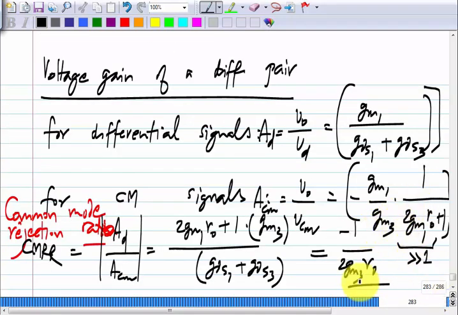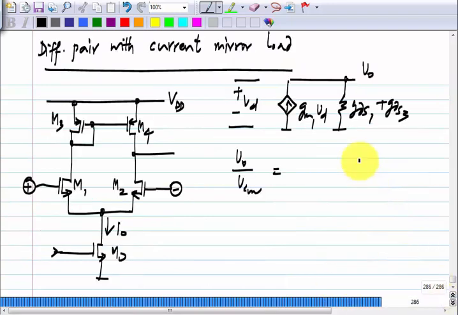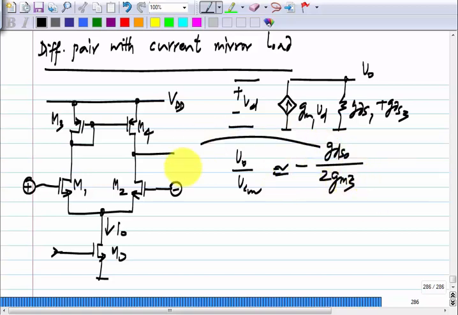We had it here, right? Approximately minus 1 by 2 GM3 R naught, or basically minus GDS0 by 2 GM3, where GDS0 corresponds to the output conductance of M0. So, with this we should be able to analyze anything.